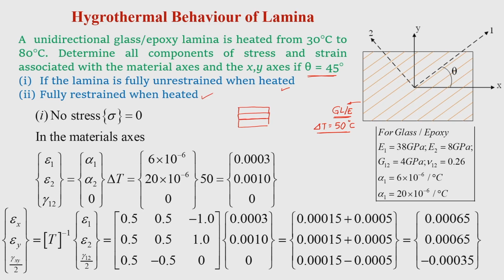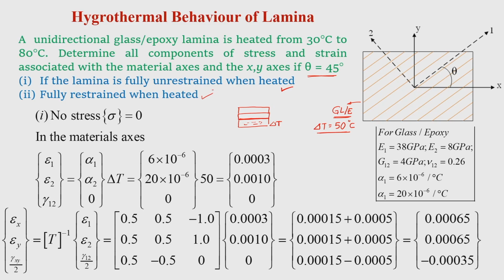Now, because this is perfectly bonded, when this lamina, which may be a 45 degree lamina, experiences delta T, it is not allowed to freely expand. So, that is what it is restrained. In fact, in a laminate it is not fully restrained, but it is restrained.